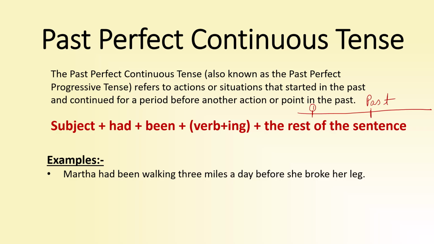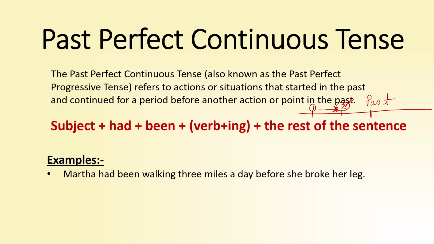There are two events, 1 and 2. The action started from here, and it is still going on till this event took place. This type of event is described by the past perfect continuous, meaning the action continued till this activity took place.